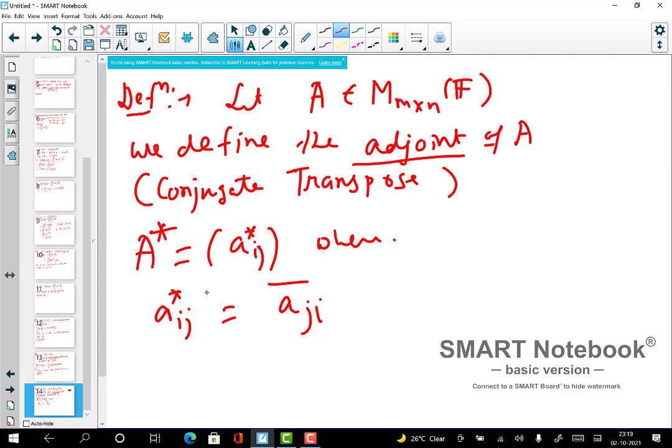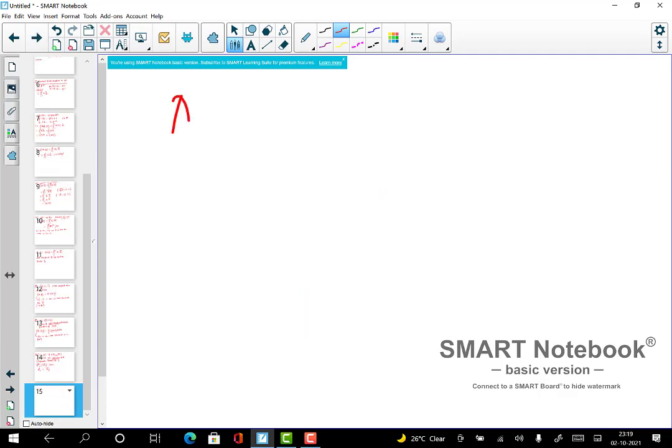Let me do an example also here. Take the matrix with rows 2, 3i, 5 plus 2i and i, 2i, 2 minus 5i.